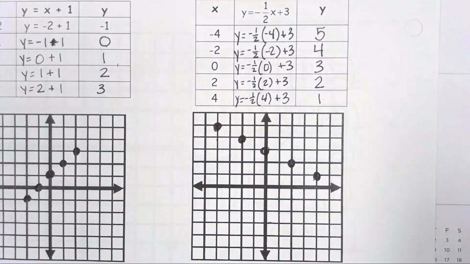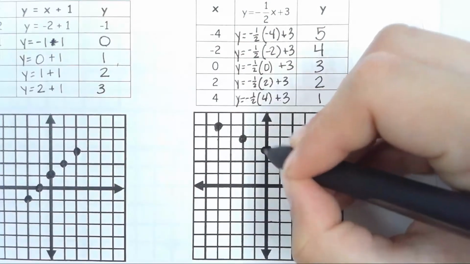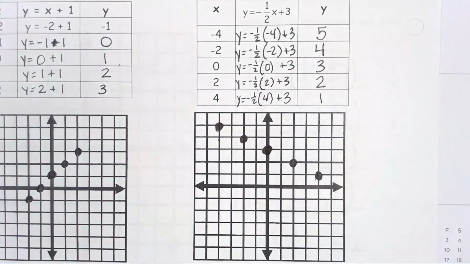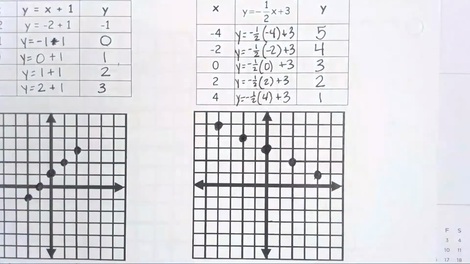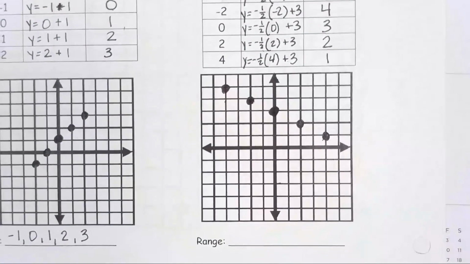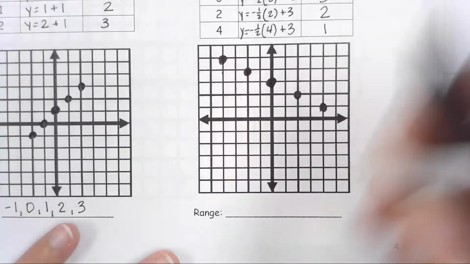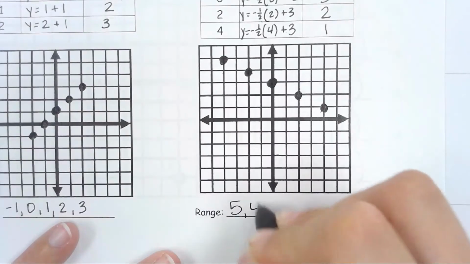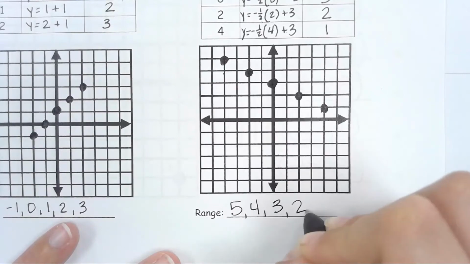So again, you guys should know if you did this correctly by whether your function was a linear function or not. And then down here at the bottom, you guys just have to list your range. So what were the outputs that you got? And our outputs were 4, 3, 2, and 1.